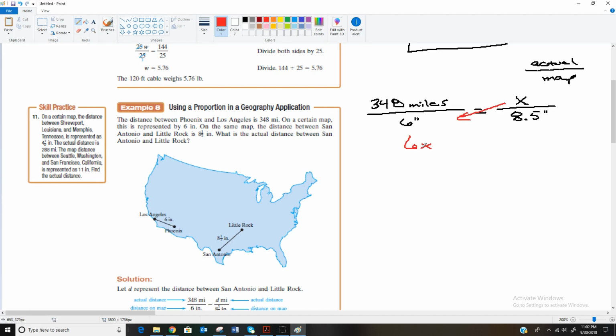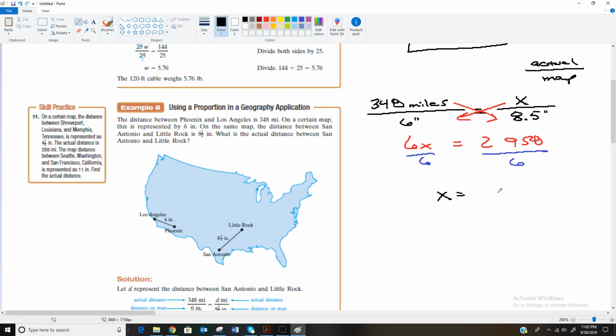So cross multiply, 6x equals 348 times 8.5, which is 2,958. And we're going to go ahead and divide by 6. And so 2,958 divided by 6 is 493.